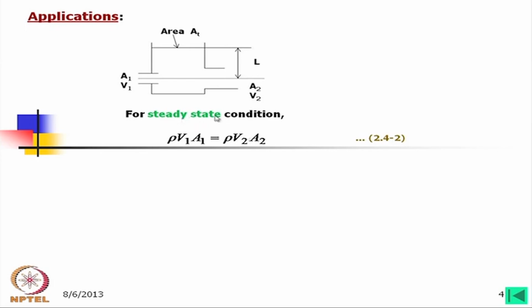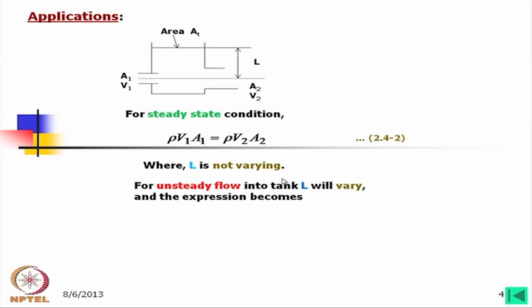What does it mean, the steady state conditions? That there will be no change in this volume, where L is not varying. Now, for unsteady flow into tank, that is this vessel, L will vary, and the expression becomes rho V1 A1 minus rho V2 A2 is equal to rho A2 dL by dt.